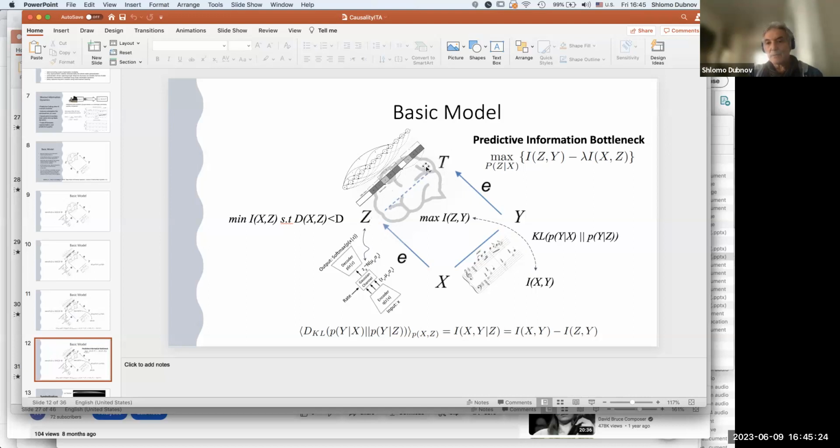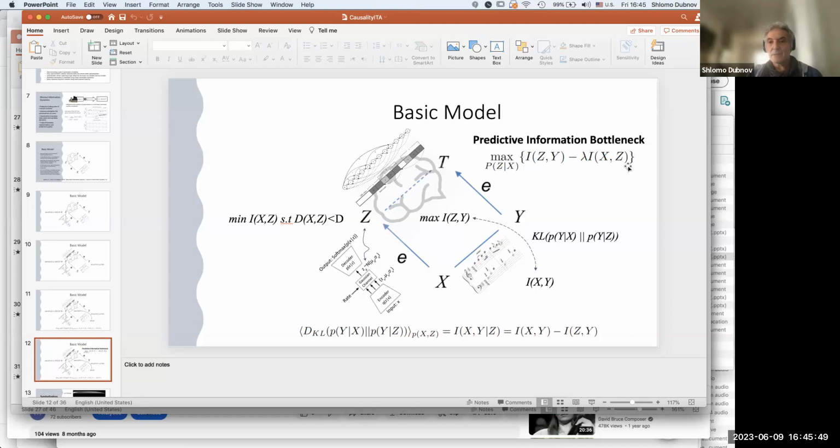The question is, how do we find this latent representation? The idea is that we want something that, on one hand, best compresses, that represents X in the most compact way. And on the other hand, this compact representation should be best predictive of what will happen next. And this is what is expressed here.